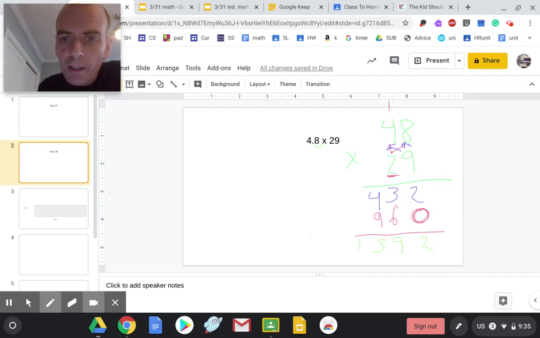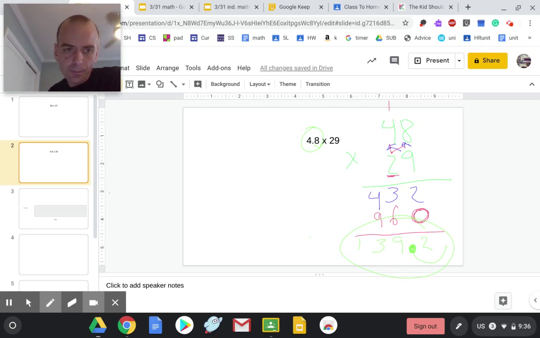We took out one decimal place, so we add in one decimal place. 139 and 2 tenths. This was in tenths, so this needs to be in tenths. Okay? We took out one place, we add back in one place. So I'm going to give you several practices of this today.